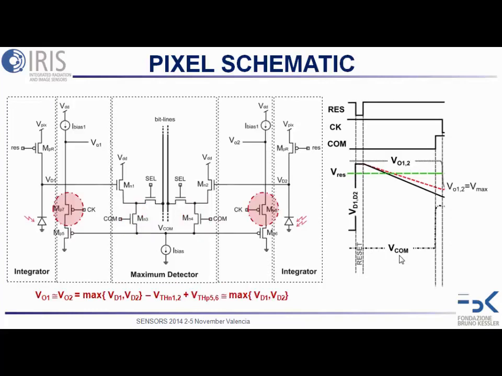Then the other stage is another source follower, a PMOS source follower, which is also basically switched off during the integration time, and is enabled for a very short time in order to replicate this voltage to this node, VO1 and VO2, which are exactly a replica of the maximum between VD1 and VD2.